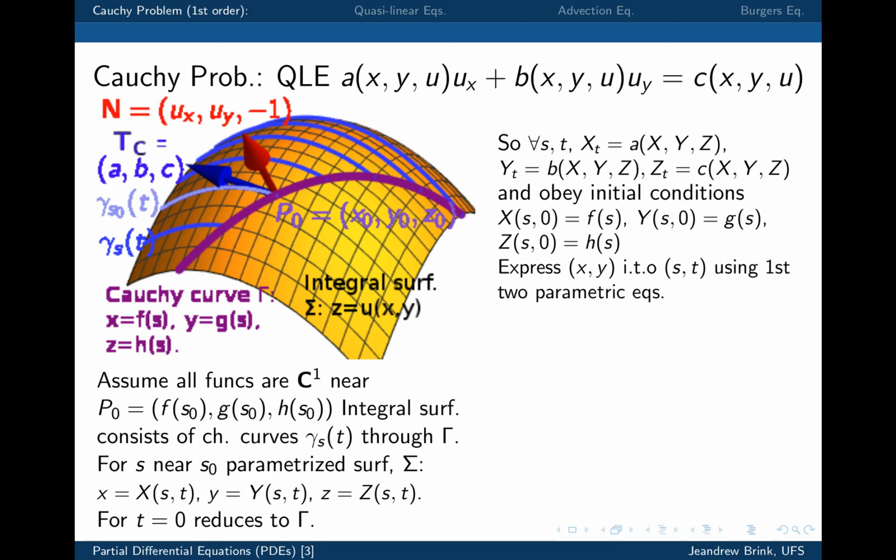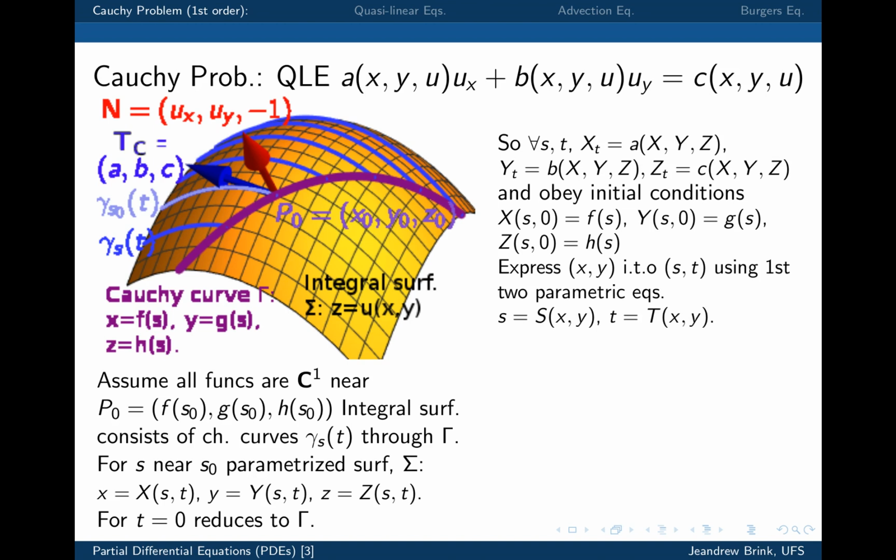Okay, and the way we can do that is, to get the connection, we need two equations. And the two equations we have are just here already, right? We have x expressed as a function of s and t, and y expressed as a function of s and t. And to actually get the reverse, we can invert that.